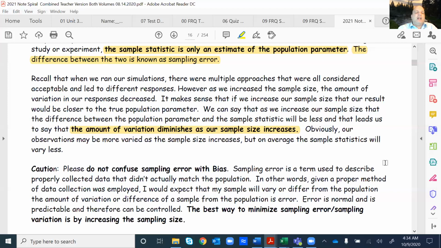And the reason it exists is sampling error or sampling variation occurs because we're using a sample or a portion of the population to estimate the whole population. So our sample is an estimate of our population. Because it's only an estimate, we have error. We talk about this error all the time, especially during an election year.